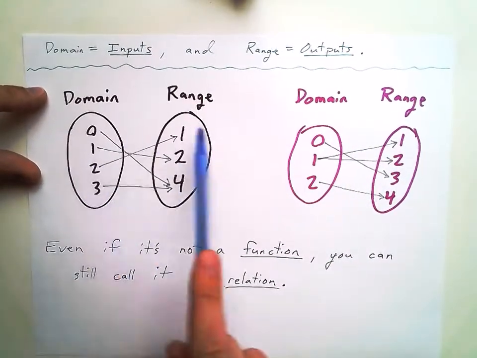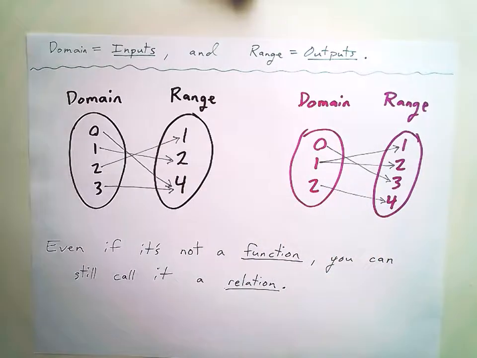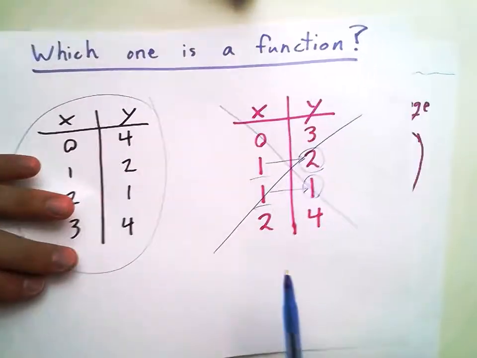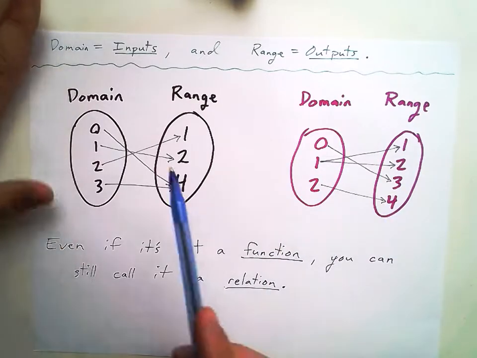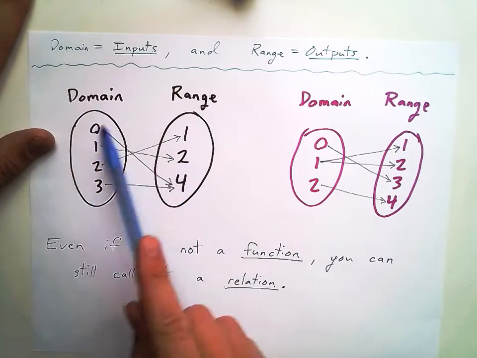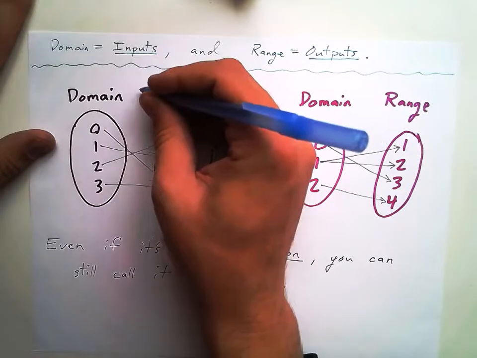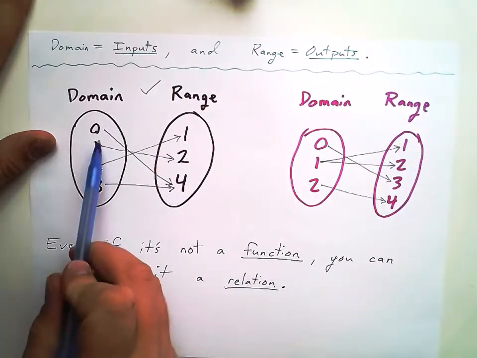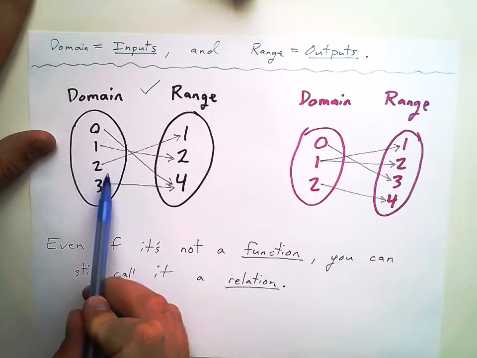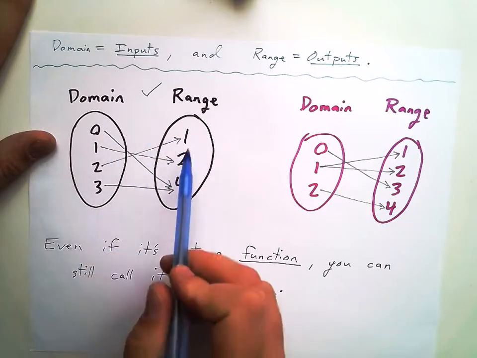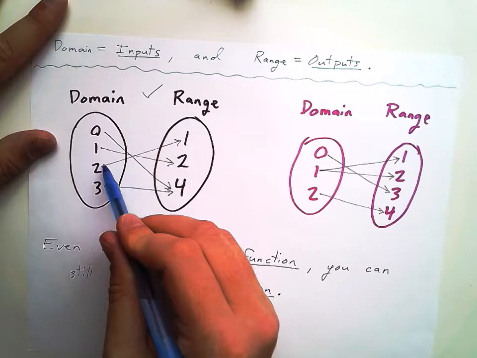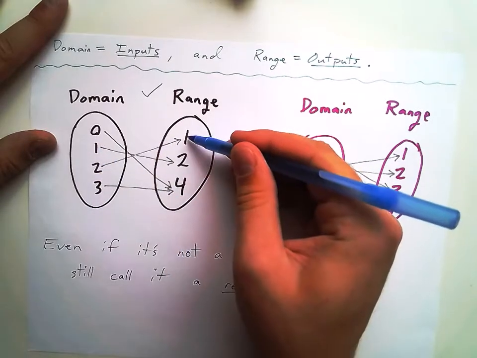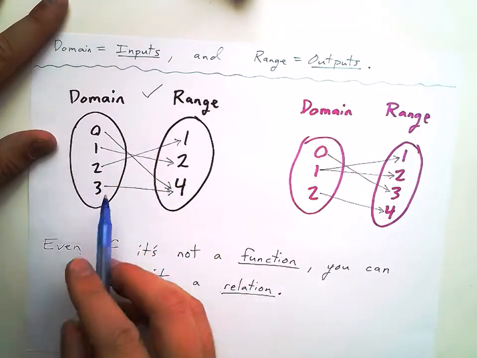So this is actually the same thing that I showed you on this paper, just drawn a little differently. For the brown one, which was a function, all these arrows are going to the output value that goes with it.